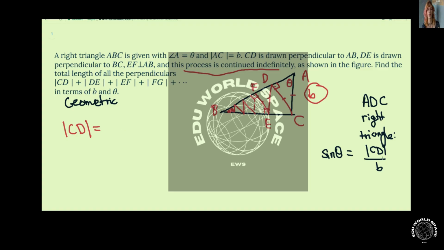So I can rewrite this by solving for CD. I get B sine theta. So this largest red line here, CD, is equal to B sine theta. And that's what we want.